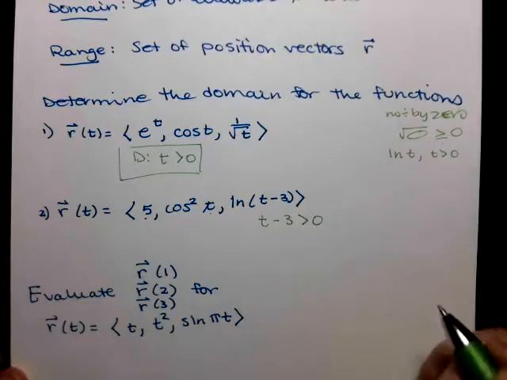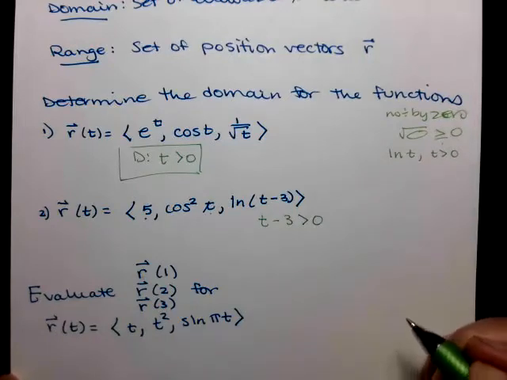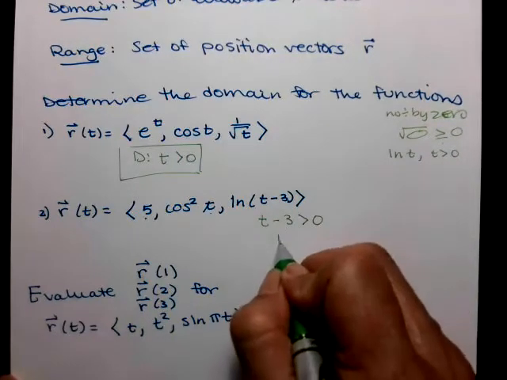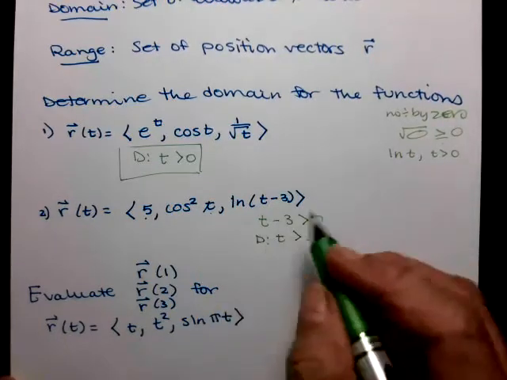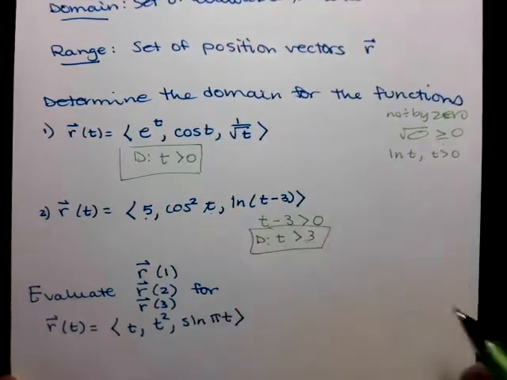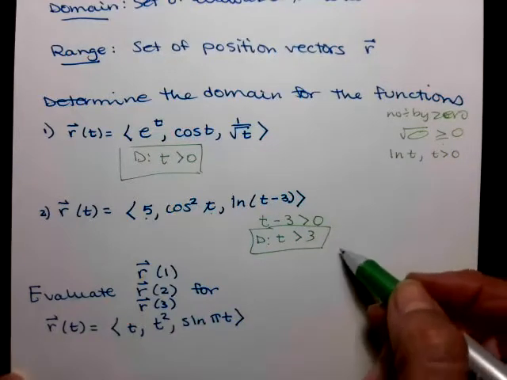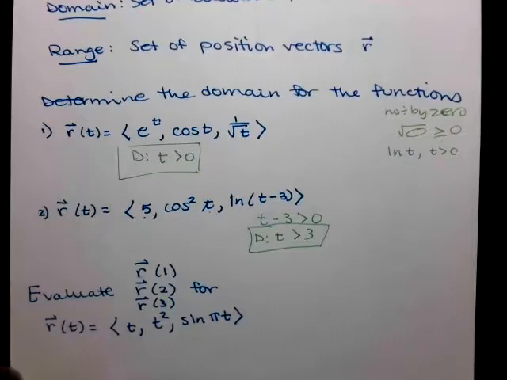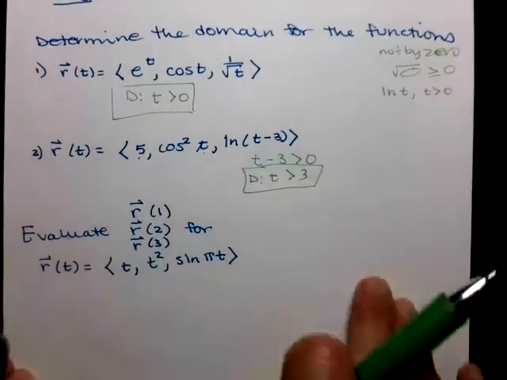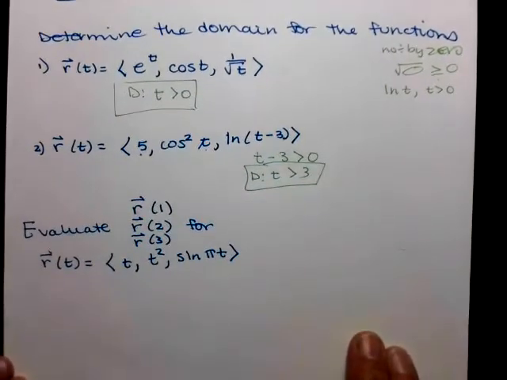So we're just going to grab that argument of your natural log, t minus 3 greater than 0. Solve for t, and so t greater than 3 is that domain. So you could use some set builder notation, you could use interval notation, however you want. I'm kind of being lazy and just writing it like that.